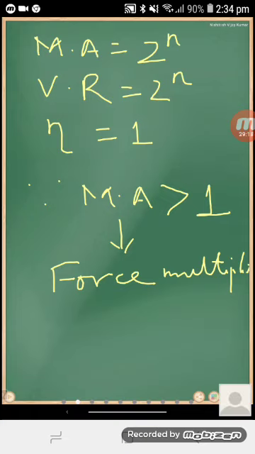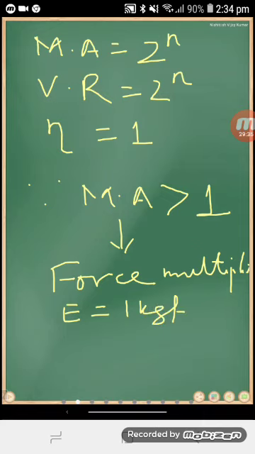Say for example, if I apply an effort of 1 kgf, and the mechanical advantage, if I'm using this 3-pulley system, happens to be 2 to the power 3, that is 8. What I am able to do is lift the load 8 times.